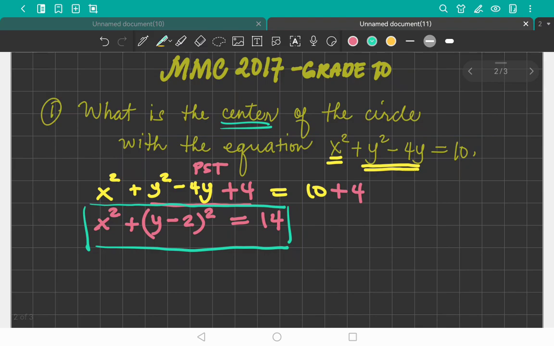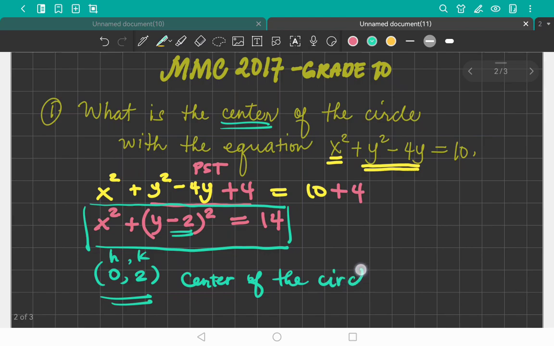So we're looking for the center, and since this term x has no number beside it, that means it is 0, and then here we have to take... remember, this is our h, comma k. Our k will be, take the opposite sign of this number, that is positive 2. So therefore, the center that we are looking for is this. This is our center of the circle.